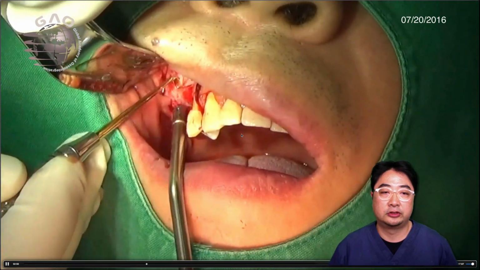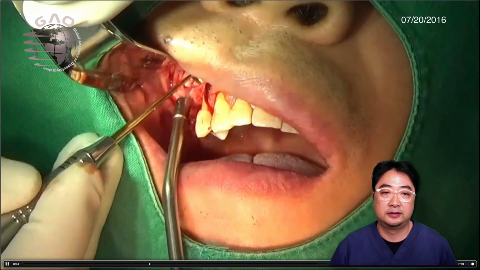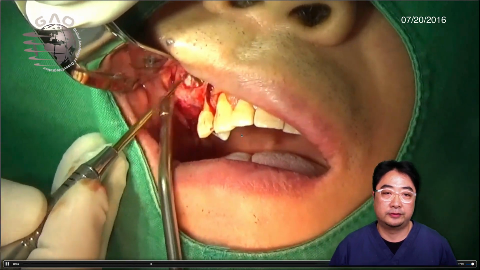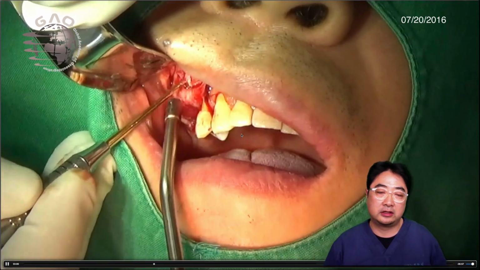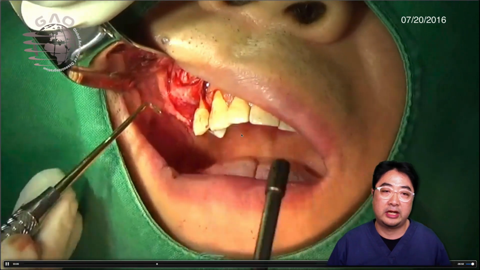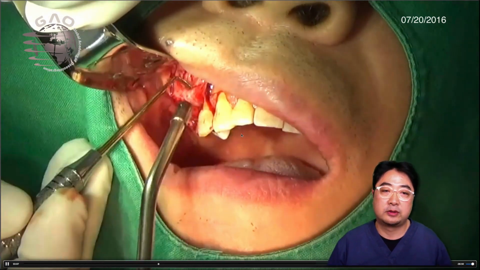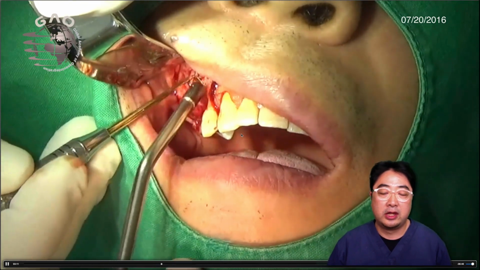With the rectangular angle, this is number 2 FLIR from the SLA kit. So you go down. But one thing you have to notice is that when you use the FLIR elevator, it is not a pulling out action. You have to use a push out, with the tip touching the bone.